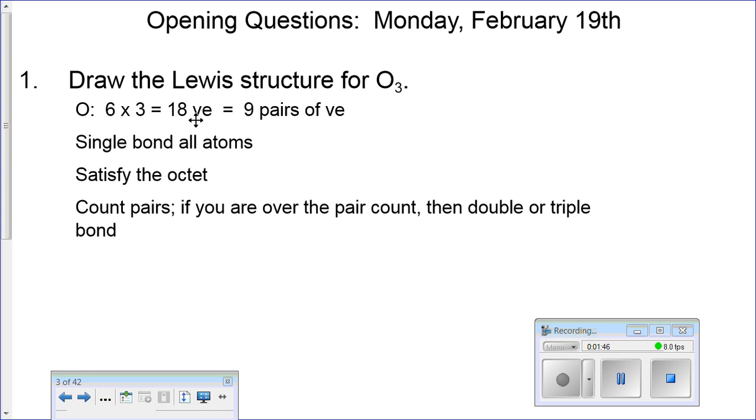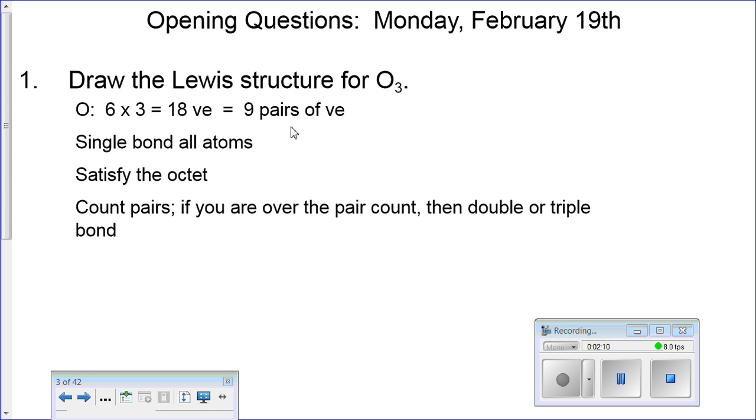It's tedious to count 18 valence electrons, so it's easier if you count pairs of electrons. If you take the total number of electrons and divide by 2, that'll give you your pairs. So I have 18 total valence electrons, or 9 pairs of electrons that I need to represent.